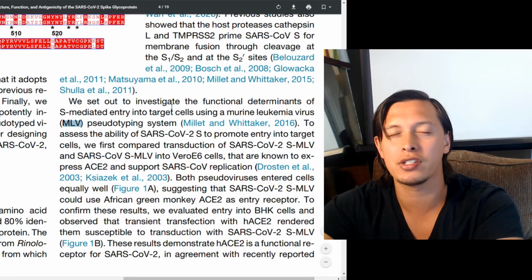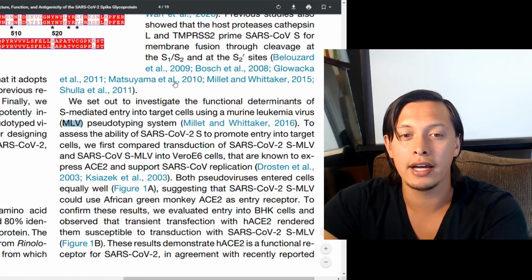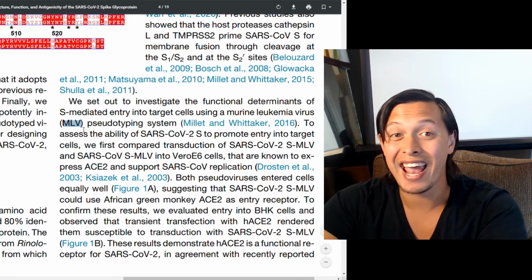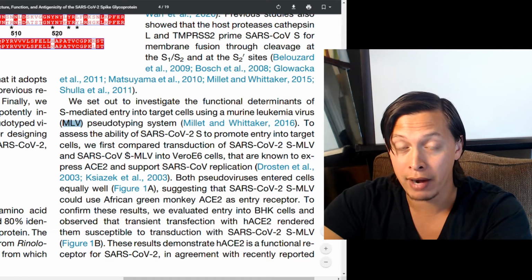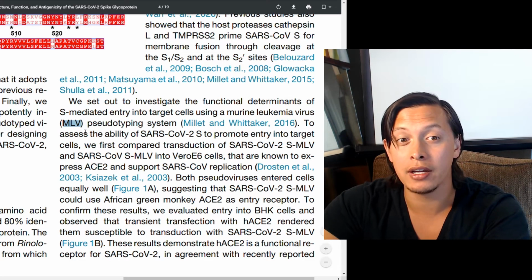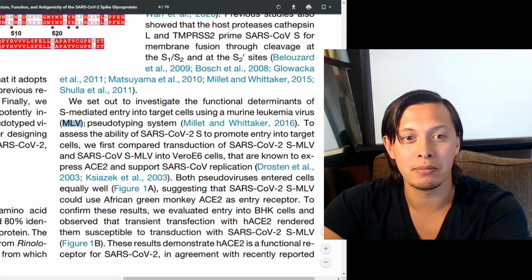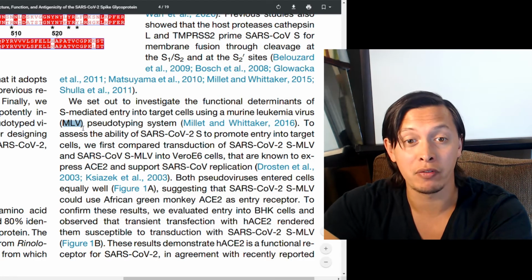It's just a very weak virus, and sometimes we can add parts from different viruses to replace some of the parts that have been taken away from this MLV virus.